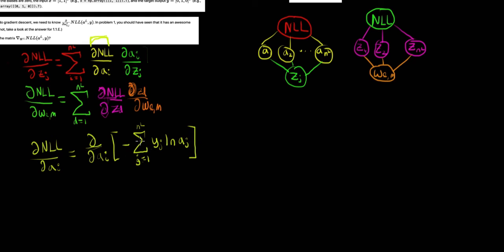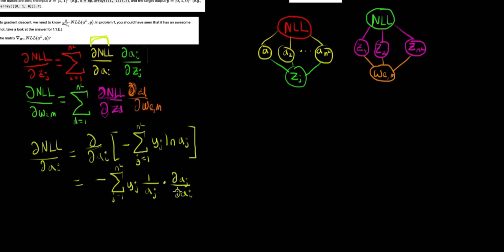Okay, so how do we compute this? The derivative goes inside the sum, so we can write negative sum j equals 1 to NL, and the yj is just a constant. Now, for this natural log of aj, we can use the chain rule. So it's going to be 1 over aj, that's the derivative of ln aj with respect to aj, times the derivative of aj with respect to ai.